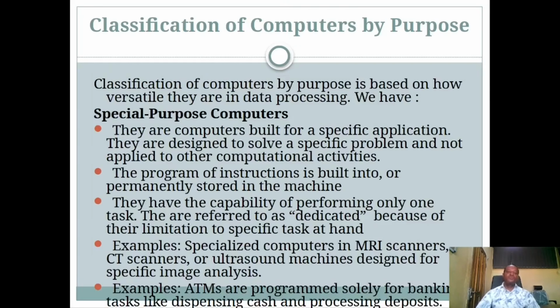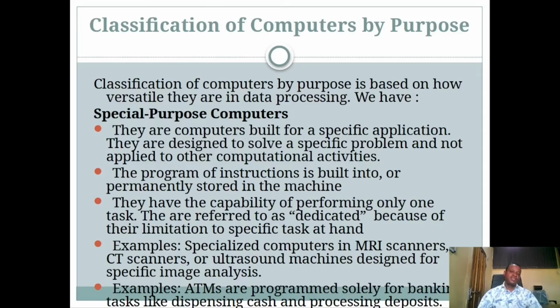I'm going to give you a rundown of the characteristics and examples of special purpose computers. Then after that we go to general purpose computers. Now let's take a look at special purpose computers. Number 1, these are computers built for a specific application.